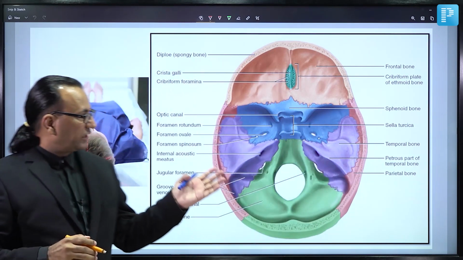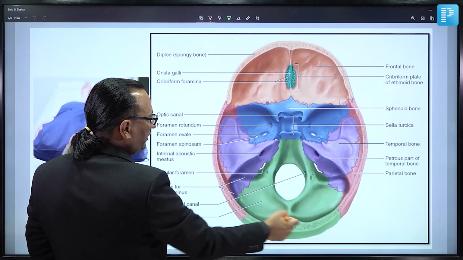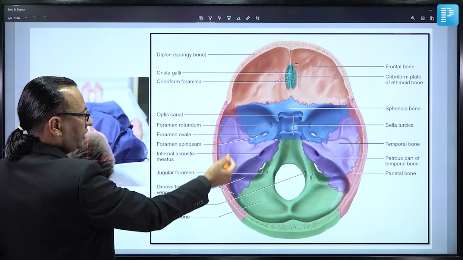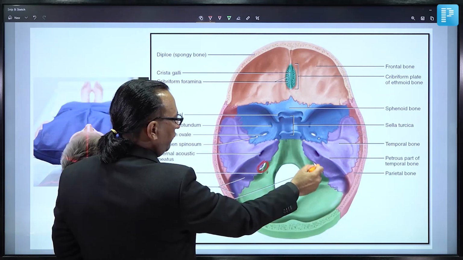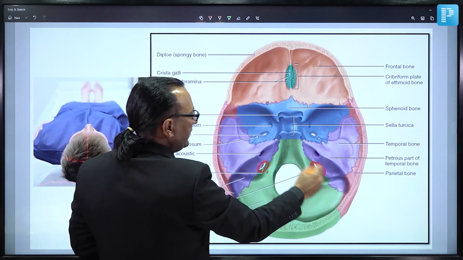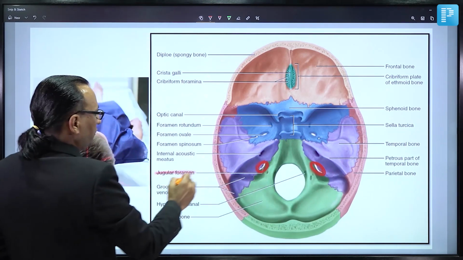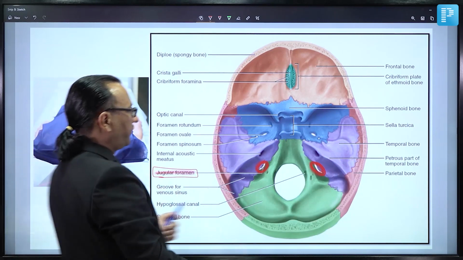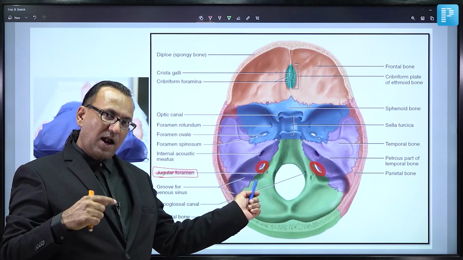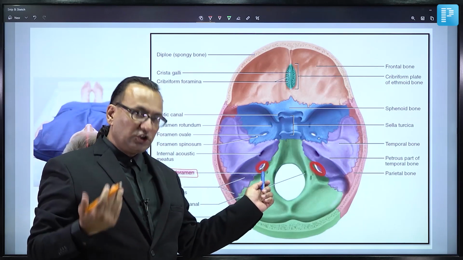And at the base of the skull, we want to look at the green bone, the occipital bone, and the violet bone, the temporal bone. Between the two, we have got a fracture, temporo-occipital region. Most probably, it was involvement of the jugular foramen here. So, what are the contents of the jugular foramen? Numbers 9 to 11, and the dural venous sinus draining into the internal jugular vein.